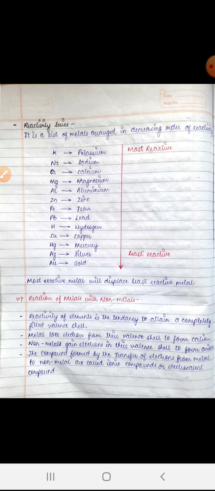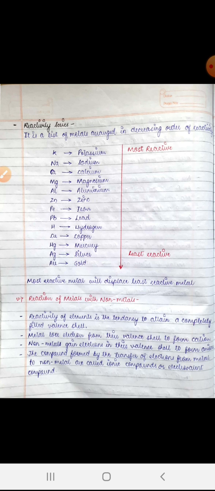These are the most reactive metals, while silver, gold, mercury are the least reactive metals. On the basis of this reactivity series, we can decide whether the metal is more reactive or least reactive.